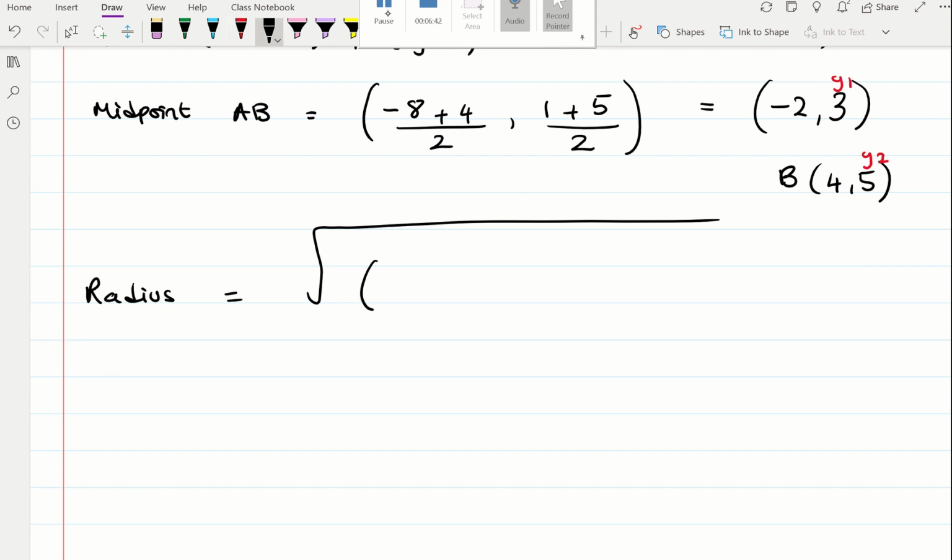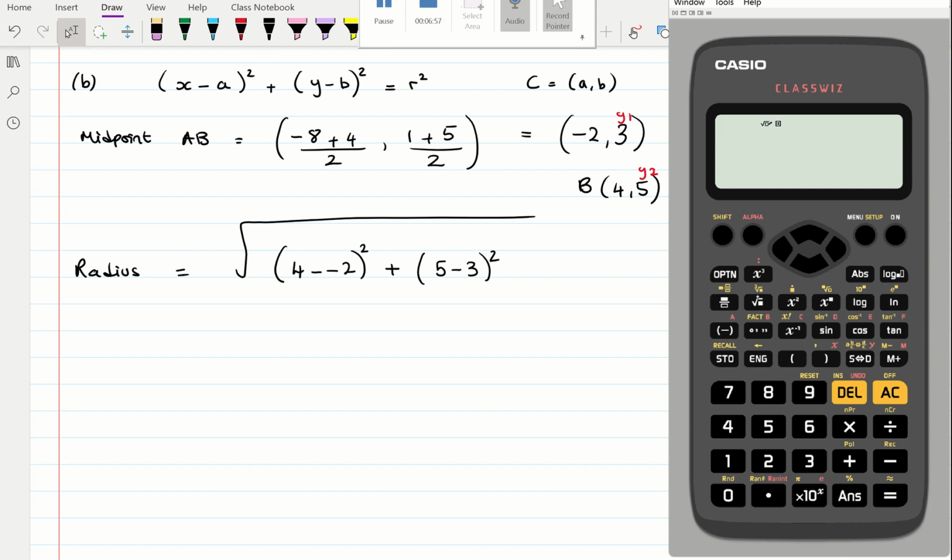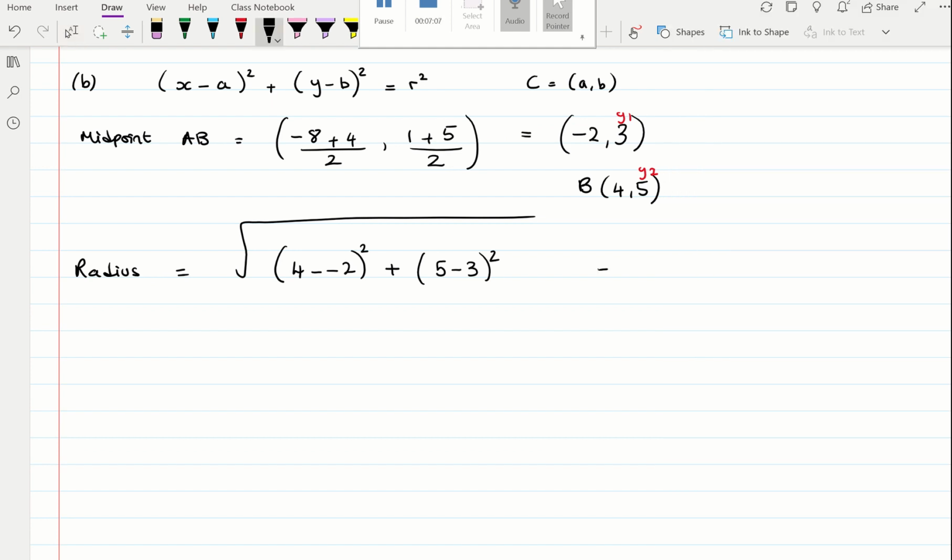So 4 minus negative 2, because we subtract, plus 5 minus 3 squared, and I put that into the calculator. So 4 plus 2 squared plus 5 minus 3 squared, and I get a radius of 2 root 10.